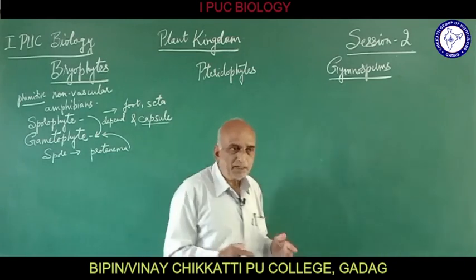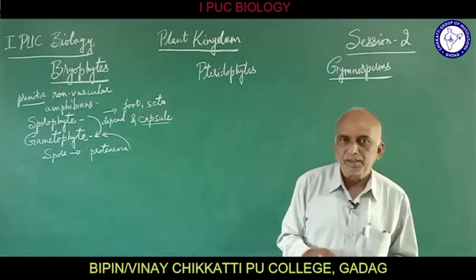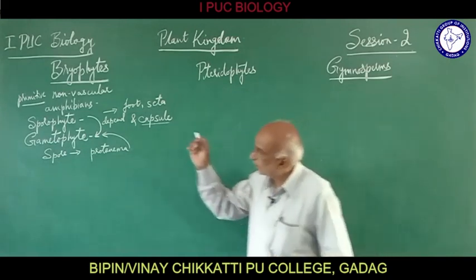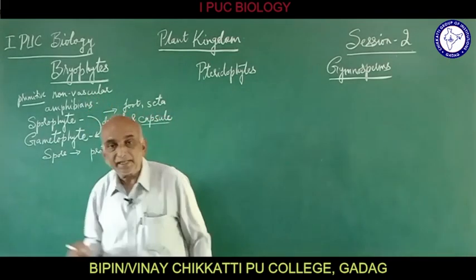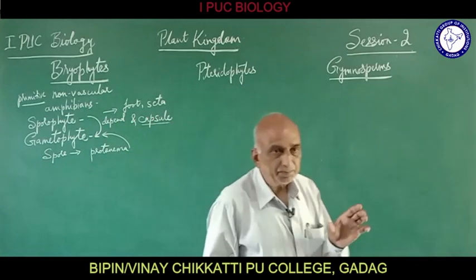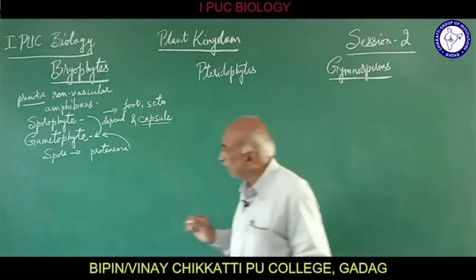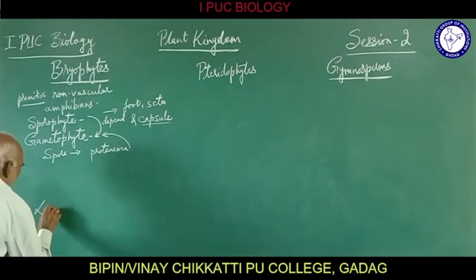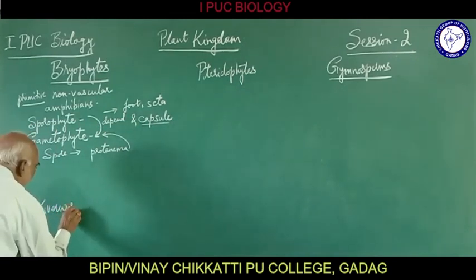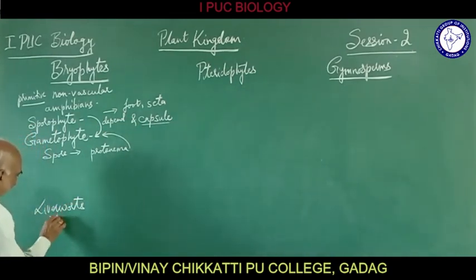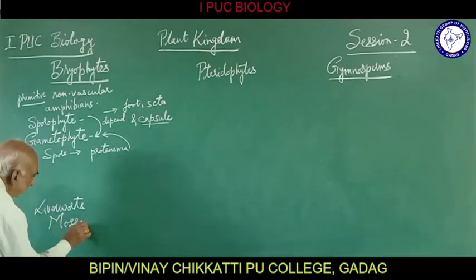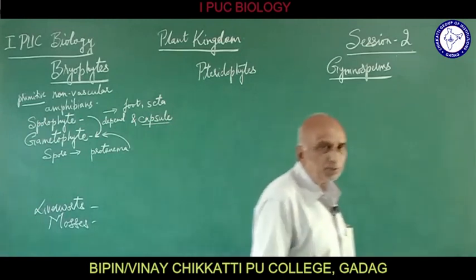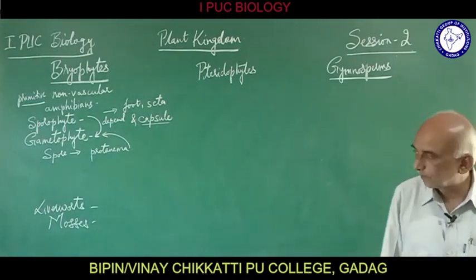But in bryophytes there are two groups: liverworts and mosses. So bryophytes can be divided into two groups, liverworts and mosses.